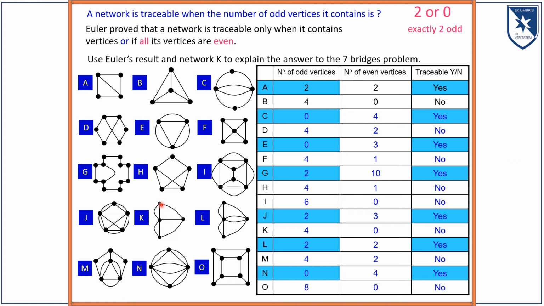We have 3 land masses here, one in the centre, one above, one below, and a fourth to the right-hand side. And there are 7 bridges connecting each of these, represented by the edges or arcs here. If we try and trace that by doodling it, going over the top, then we should find that it's not traceable.